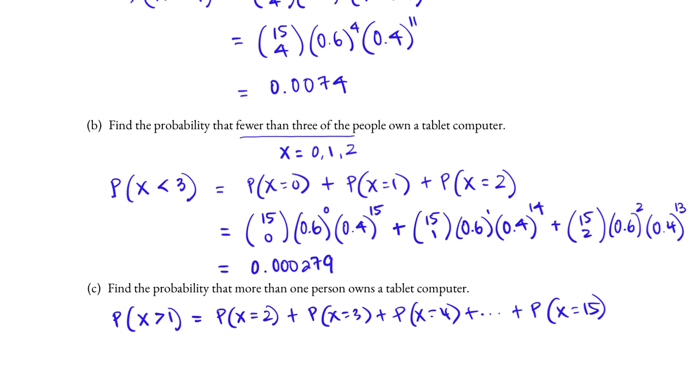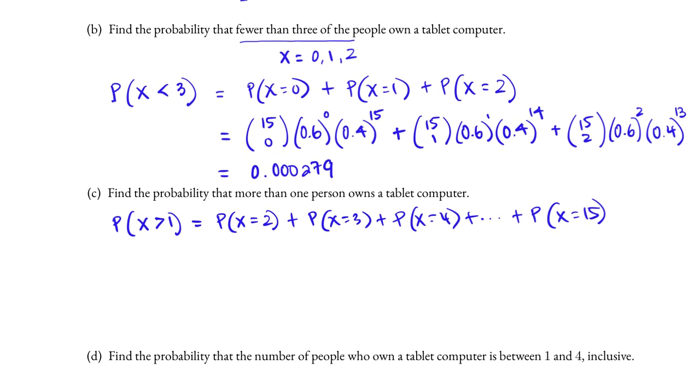Well, we can calculate this probability indirectly by using the complement. The probability of x greater than 1 is 1 minus the probability of x less than or equal to 1. Notice that the possible values of x are 0, 1, 2, 3, 4, all the way to 15.